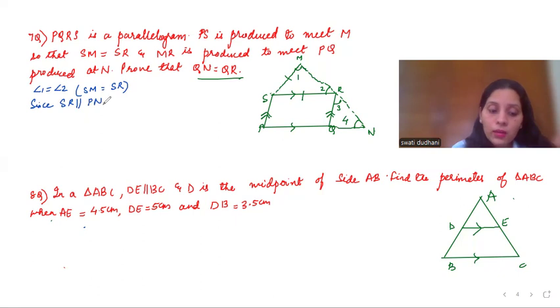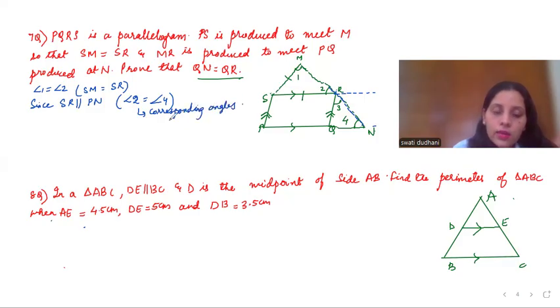Since SR is parallel to PN, angle 2 will be equal to angle 4. See, SR is parallel to PN and this is a transversal. So 2 is equal to 4, corresponding angles. Correct?